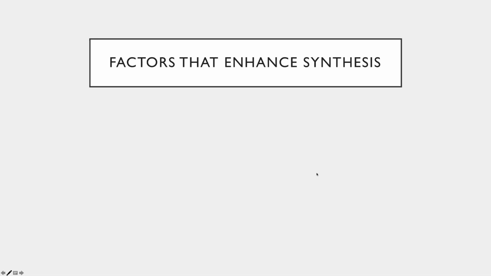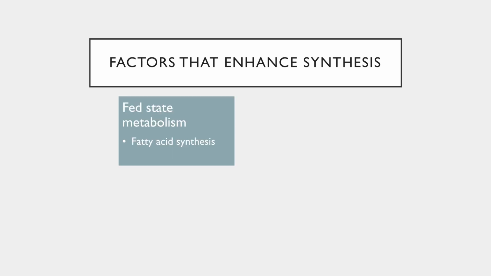First of all, there are factors that enhance the synthesis of VLDL production. The first is fed state metabolism. In the fed state, we know that fatty acid synthesis is occurring. Our regulatory enzyme for this process, acetyl-CoA carboxylase, is dephosphorylated and active in the cytosol.